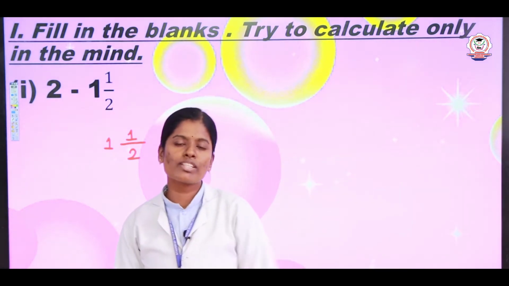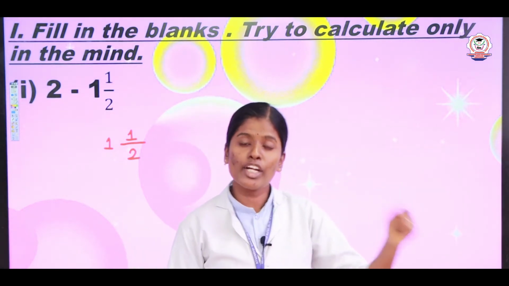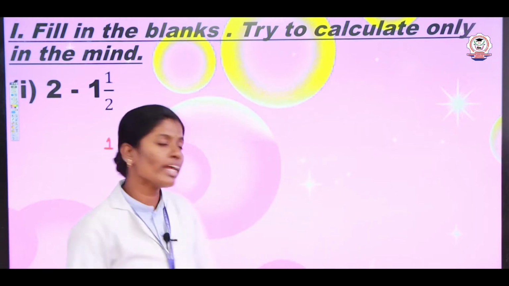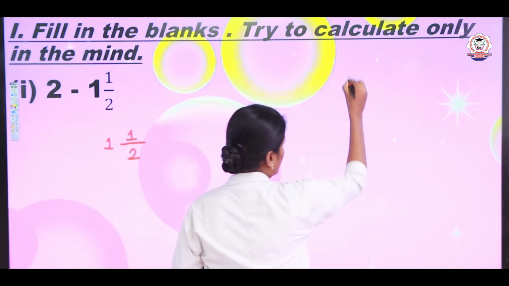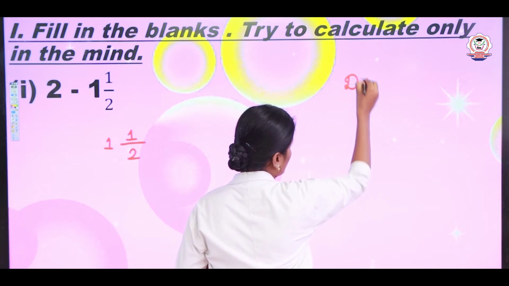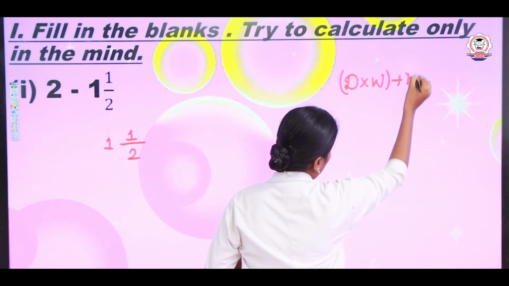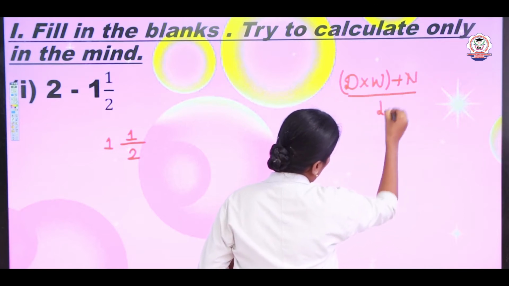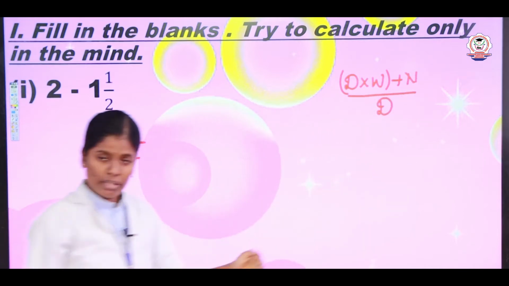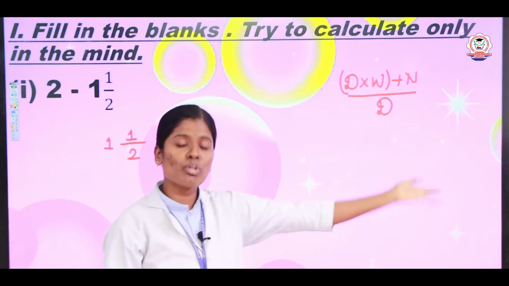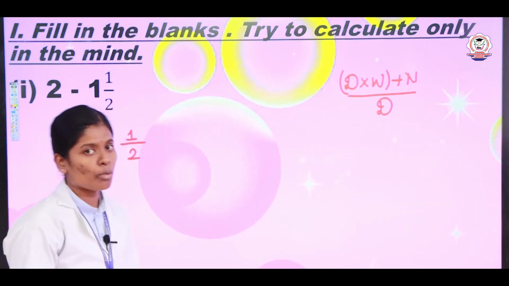So you all know what is the formula for that? D into W plus N divided by D. What is that? Denominator into whole number plus numerator divided by denominator.